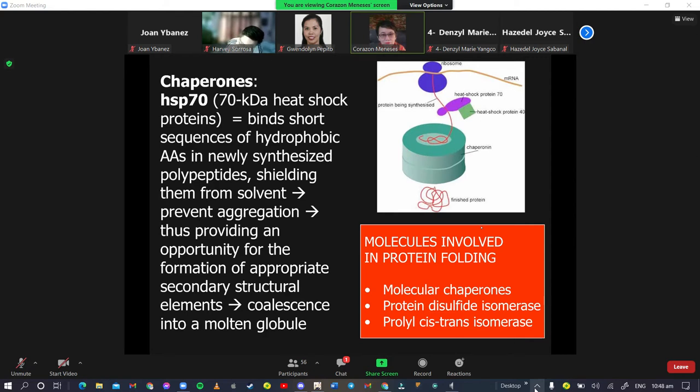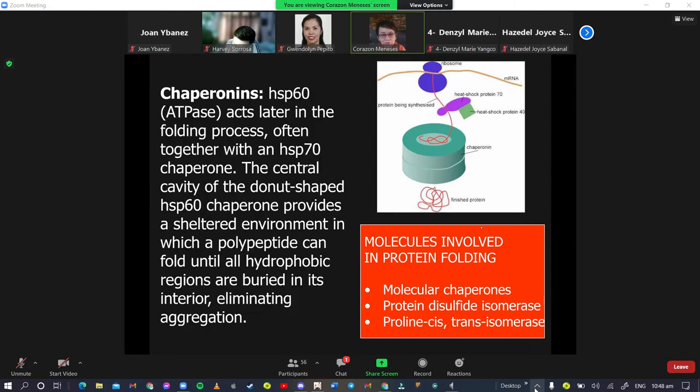The other chaperone is what we call your chaperonin, or HSP 60. It has an ATPase activity, but when I Googled HSP 70, it also has the ATPase activity. I think energy is needed so that it will prevent the aggregation from happening by shielding it. So together with the 70, it has a donut shape.